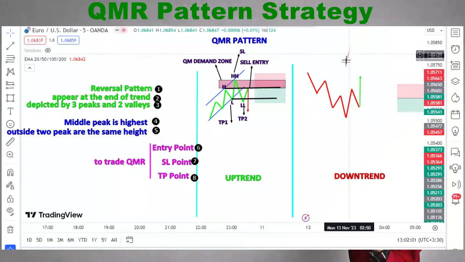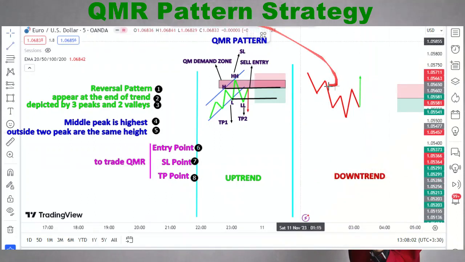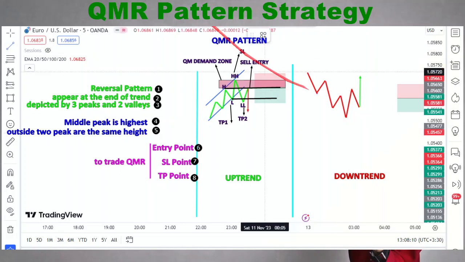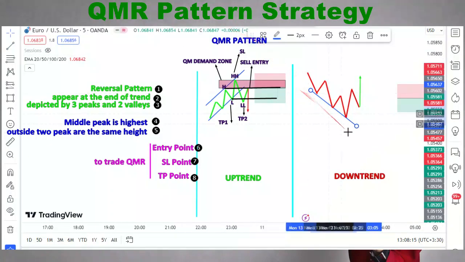Okay, we are going to show this process in a downtrend. This is a downtrend. I show the trend lines. This is resistance line, support line, and this one resistance line.